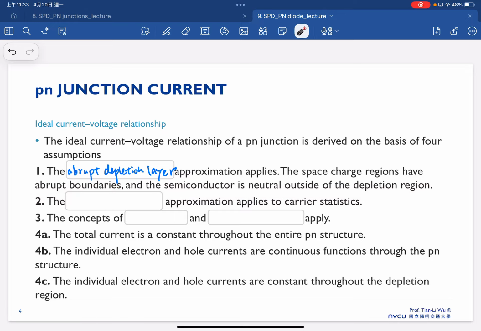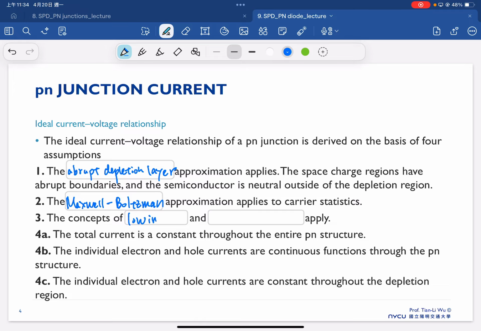The second one, we consider the Maxwell-Boltzmann approximation applied to the carrier statistics, which is something we have mentioned, and also we consider only the case with low injection, and also complete ionization.